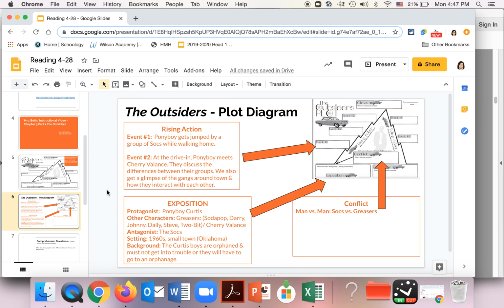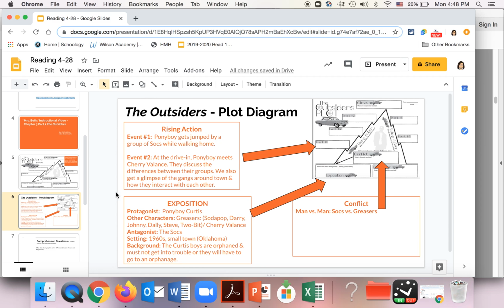During this time, Ponyboy and Cherry go to get popcorn, and they have a very intimate conversation where they discuss the differences between the groups, and it helps each of them to get a glimpse of how their groups are similar, and also about the gangs around town.